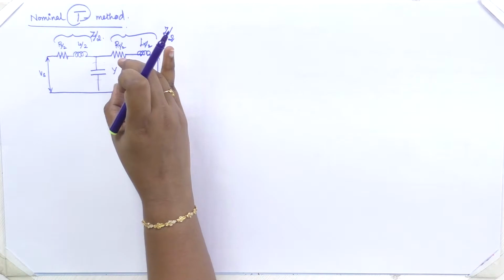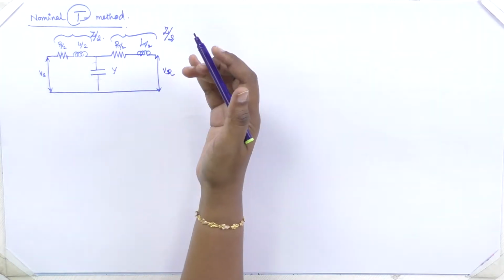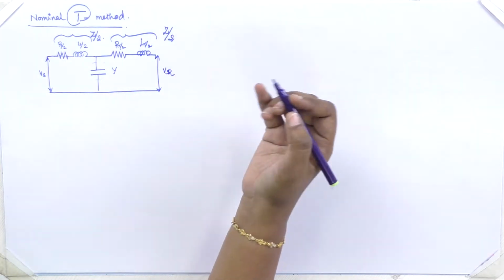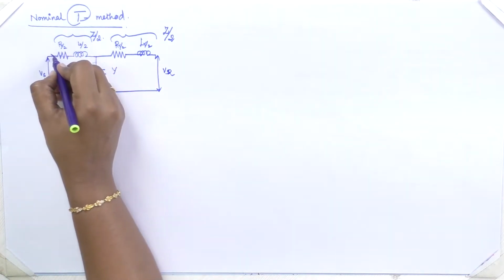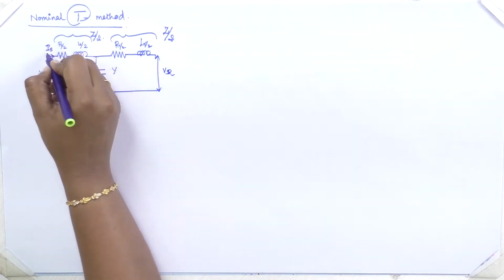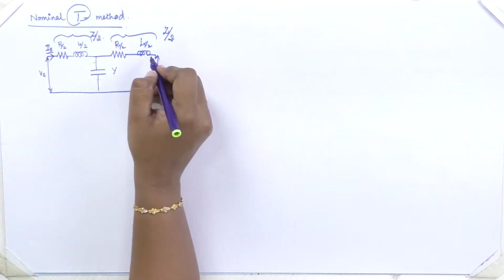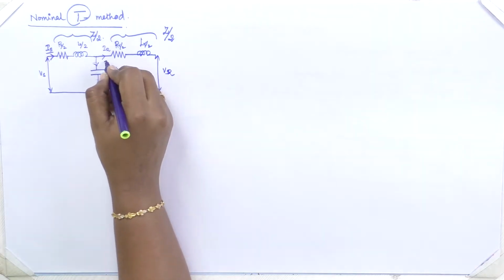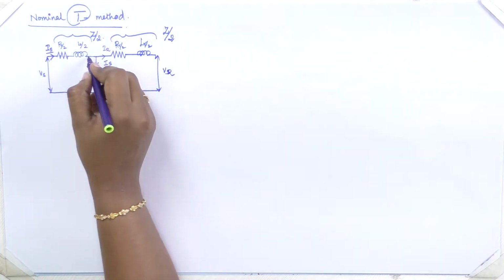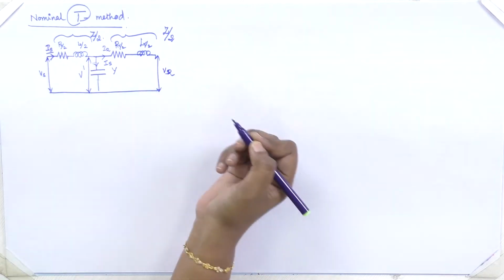Now I am going to find the parameters and what the values of Vs and Is will be. From Vs the current is Is, to Vr the current will be IR, and in the shunt branch the current is IC. The voltage at this point will be V dash.